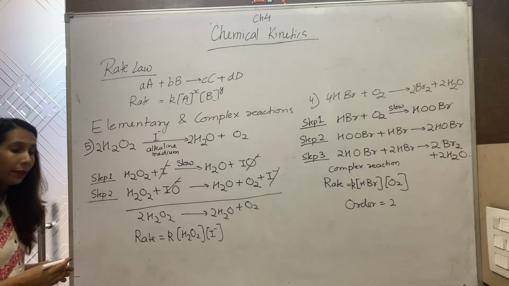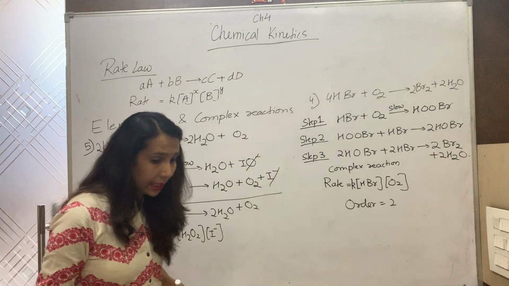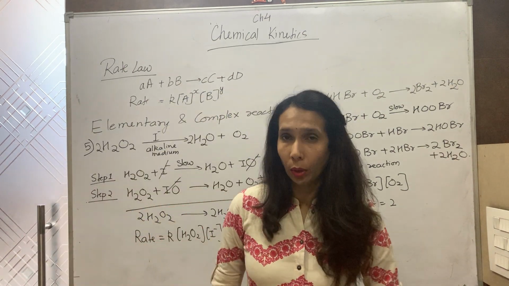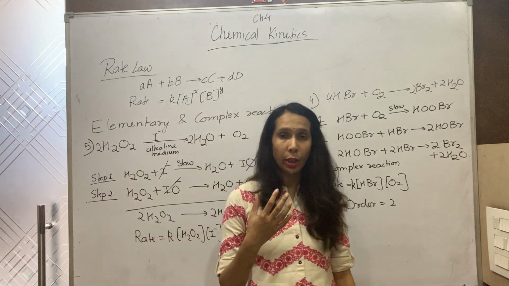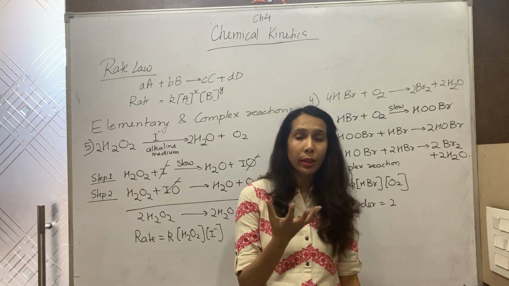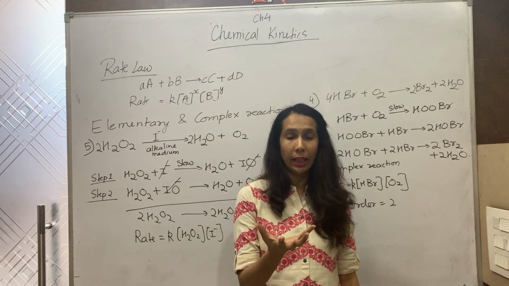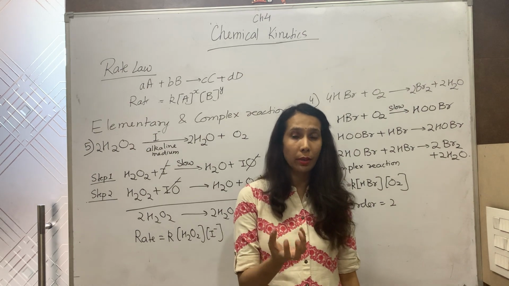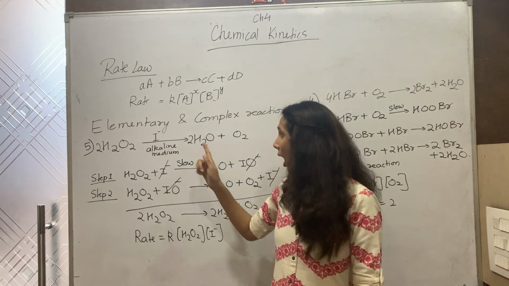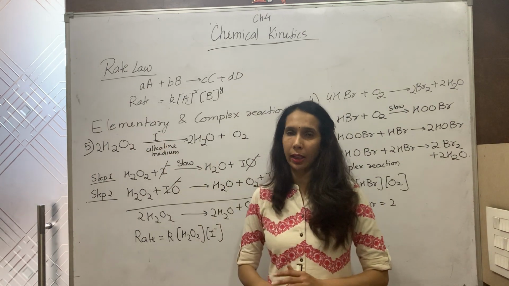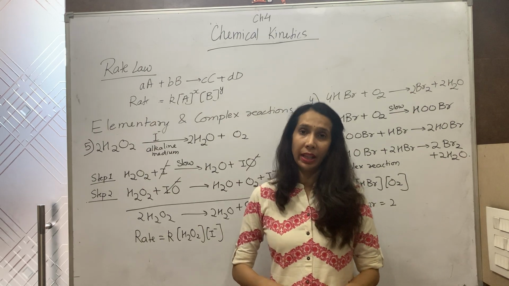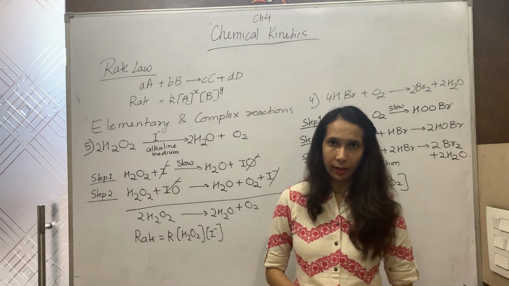But when we have defined rate law, we have said that rate law is an expression in which the molar concentration of the reactant is taken. I negative is not the reactant in the overall reaction. It is only a catalyst.